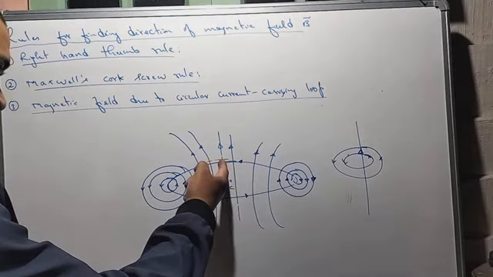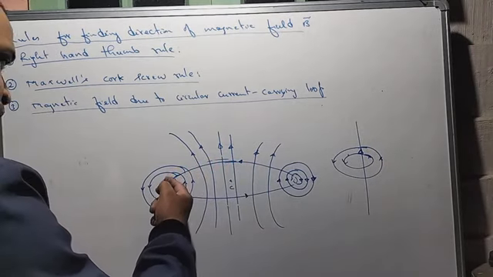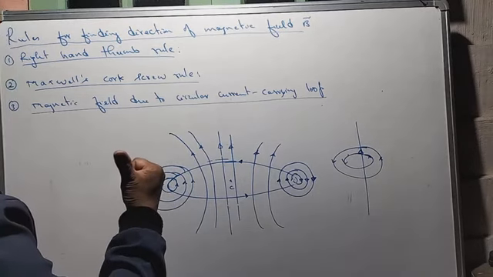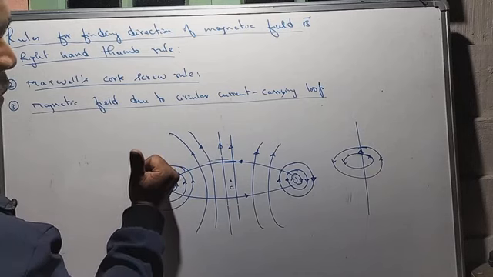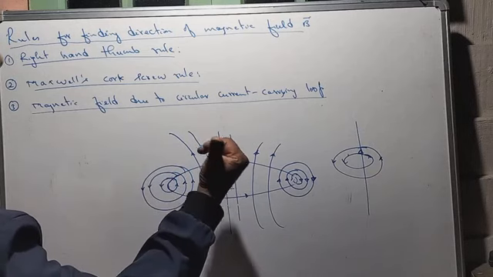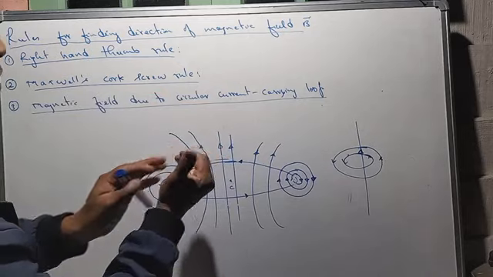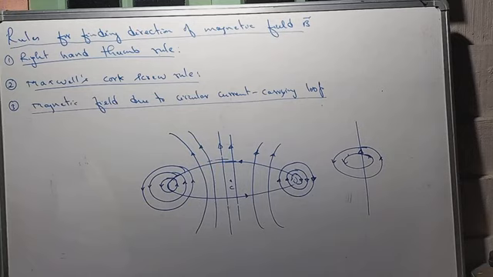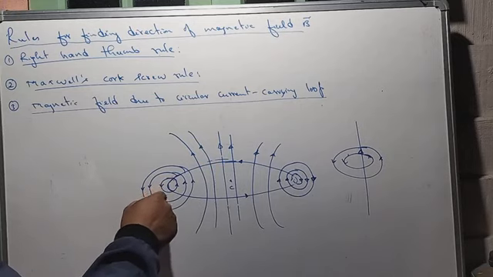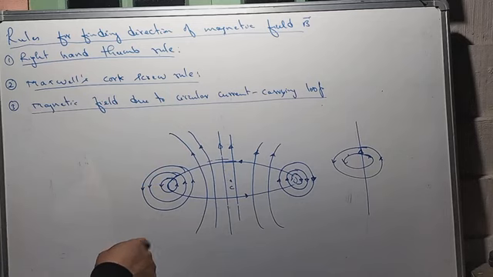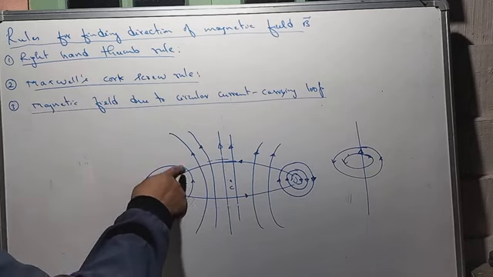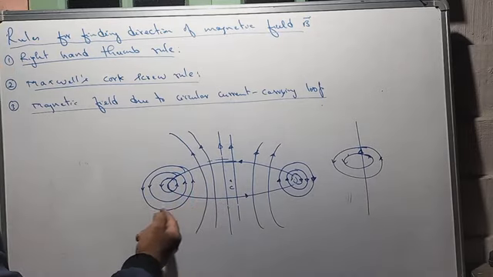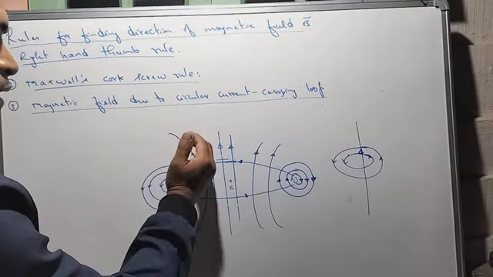As the current is moving, it comes here, and the direction of current is directed outward, away from the board. As the current is directed outward, my curled fingers will give you the direction of the magnetic field. These magnetic field lines are concentric circles, and as you move towards the center of the loop, they become larger and larger.